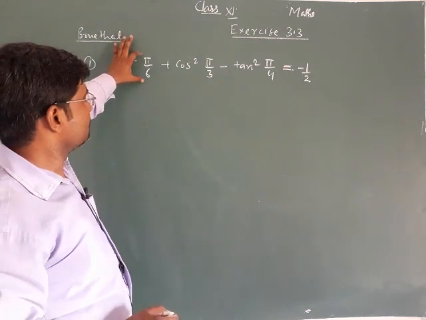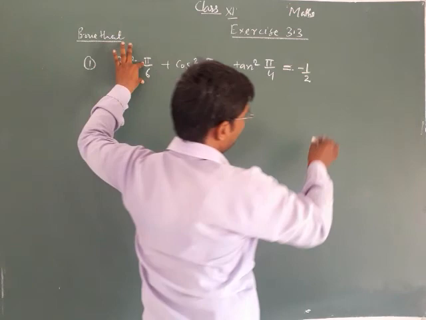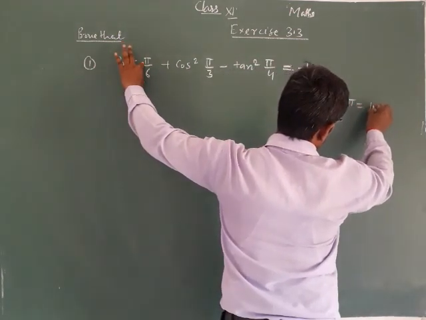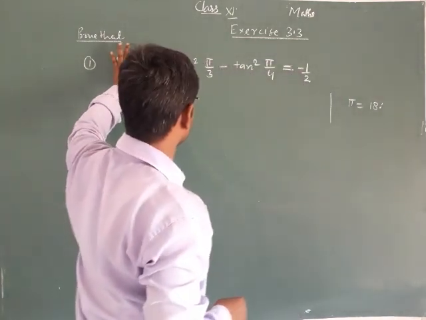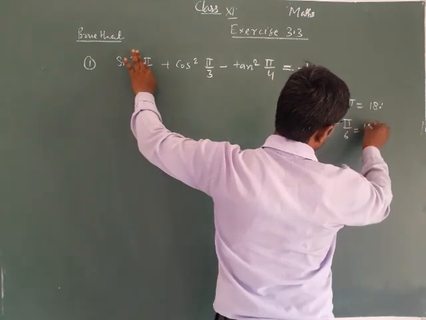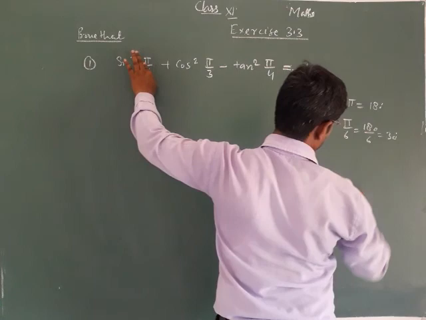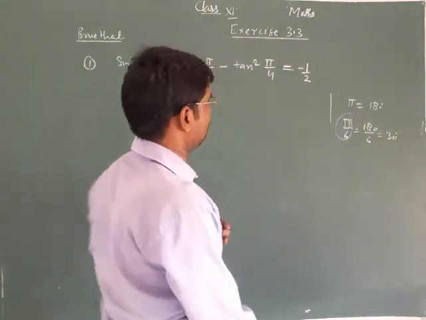So now we change this form into angle form. Let the value of pi be 180 degrees. So pi is equal to 180 degrees. So pi by 6 is 180 divided by 6, which is 30 degrees. Pi by 6 means 30 degrees.